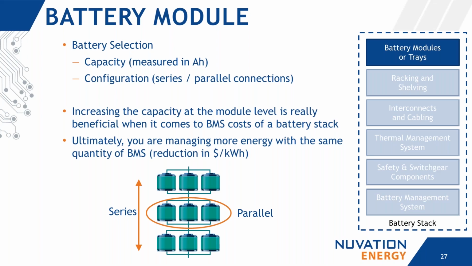For example, if we consider a 10-stack system and double the capacity of each individual battery stack, well, then you can achieve the same amount of energy by using a 5-stack system. By us telling you this, you're actually buying less BMS. Being a company that provides a BMS, that doesn't sound like a very good sales strategy. But ultimately, it's the correct design approach, and we acknowledge that for us to be successful, our customers need to be successful too.